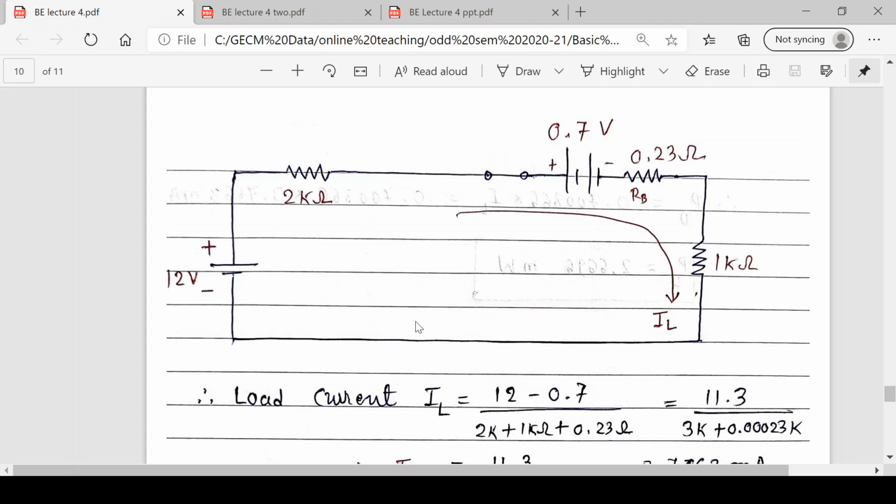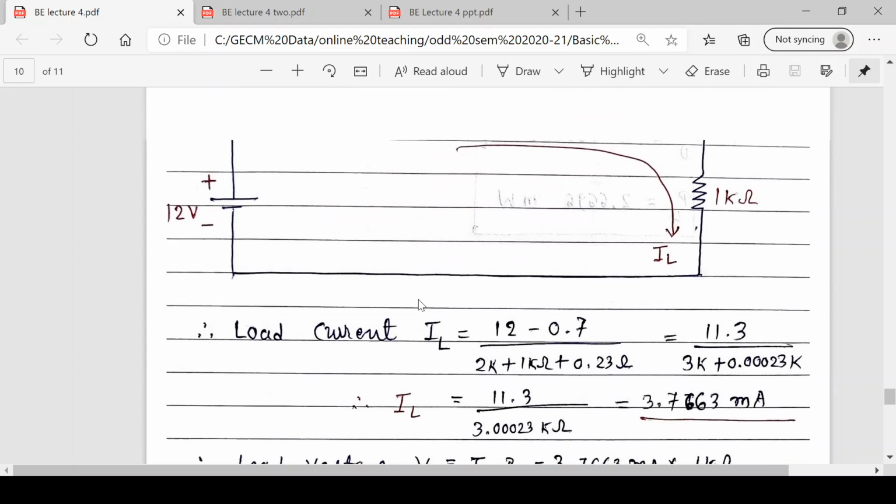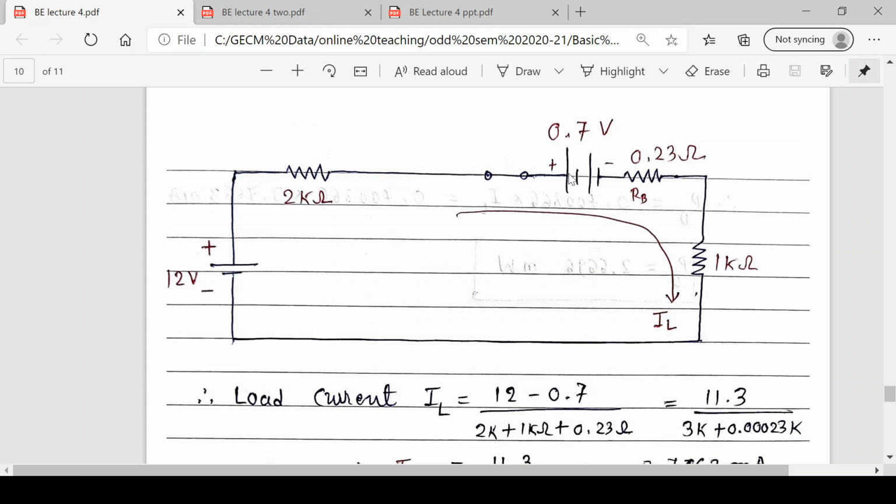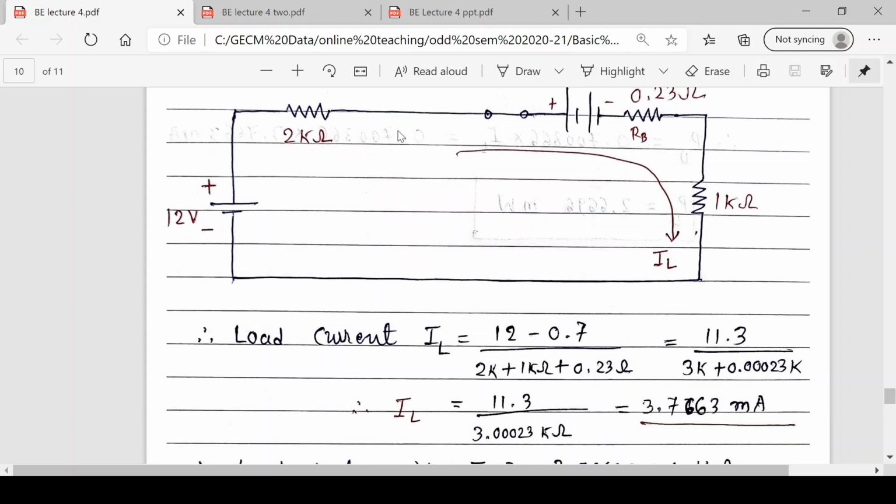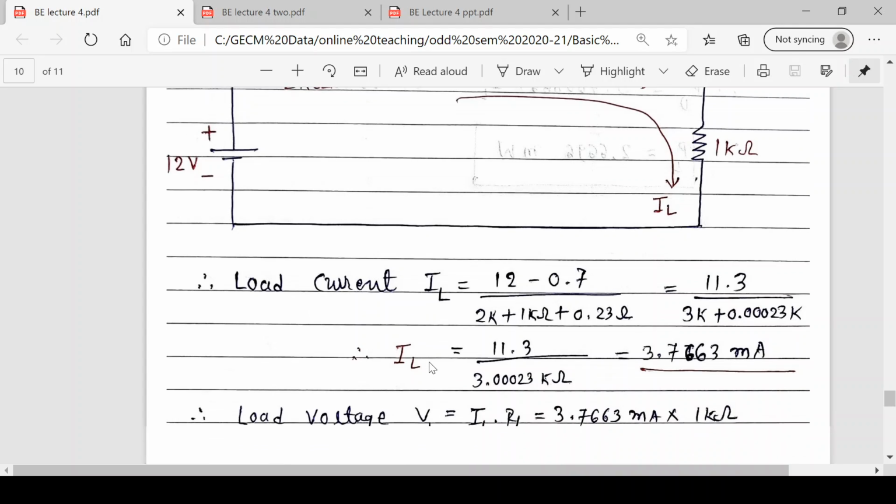Let's try to find out load current in series. What is the net voltage? 12 minus 0.7. What is the net resistance? 2K plus 1K plus 0.23 ohm. Let's convert this into kilo ohm. So this is 3K plus 0.00023 kilo ohm.